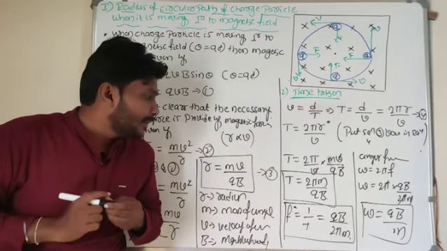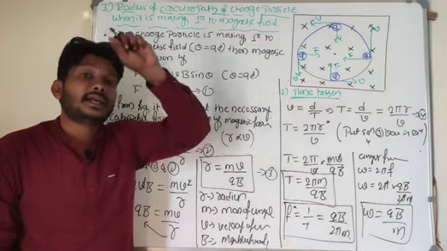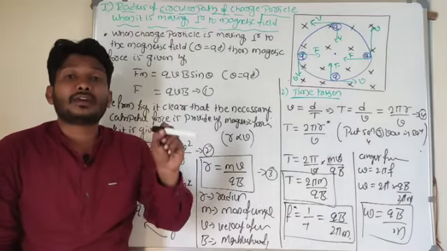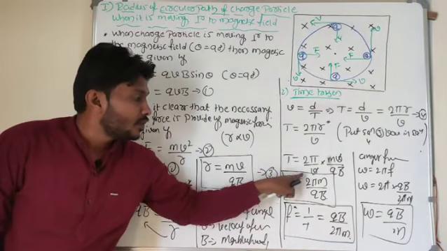In this time period and frequency, the time period, meaning the time taken by the charge particle to complete one revolution, is independent of the velocity of the charge particle. There is no v term here.